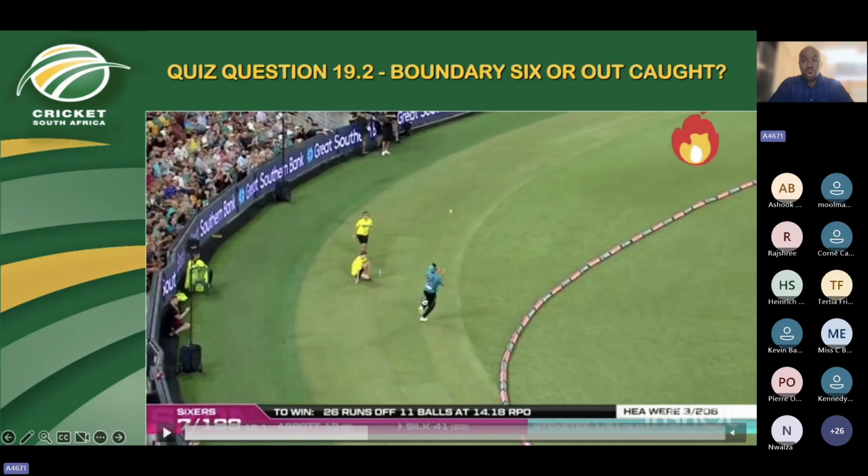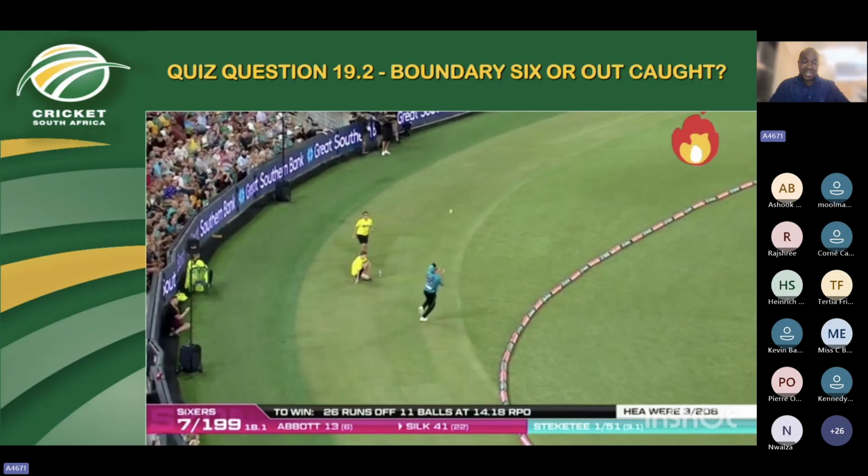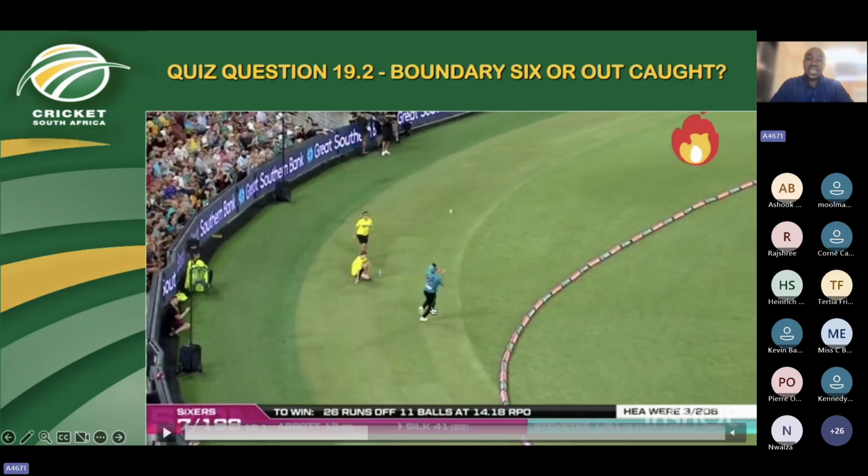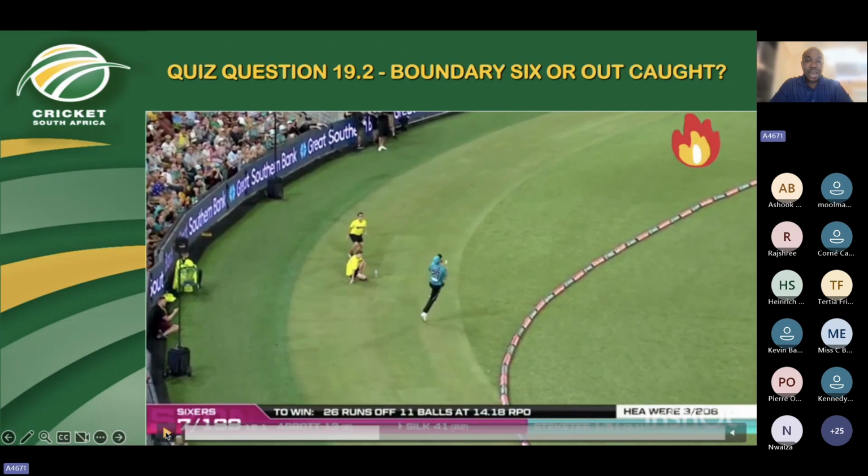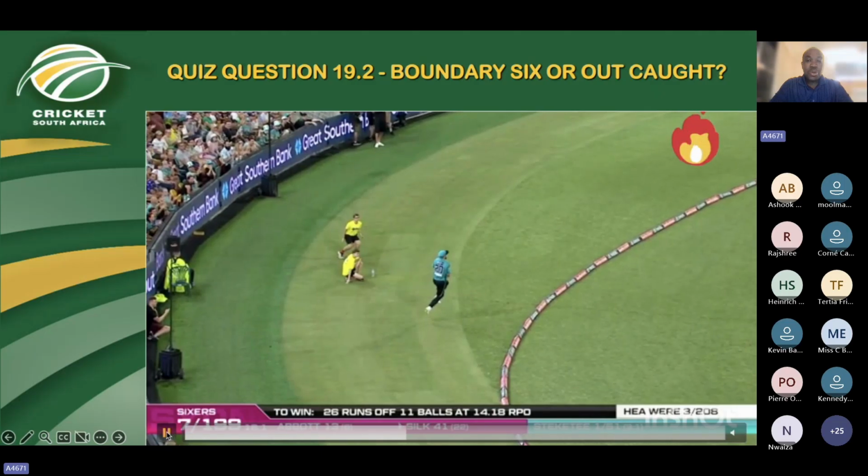So the new law that will be in effect from the 1st of October 2026, but is already being used by the International Cricket Council, says that Michael Neser, in this scenario, if he wanted this to be out caught, then he would have to magically, from this point, when he jumps and comes into contact with the ball outside the field of play, his jump would need to land back in the field of play.